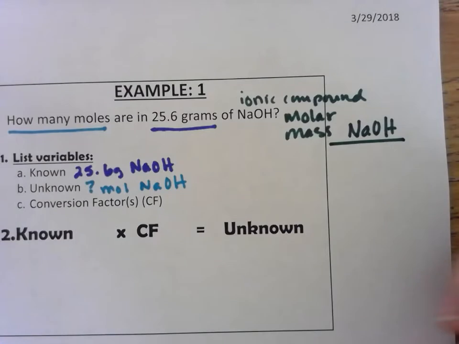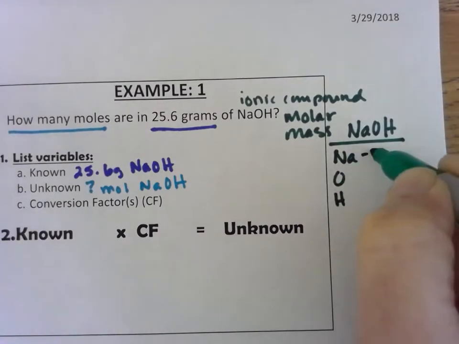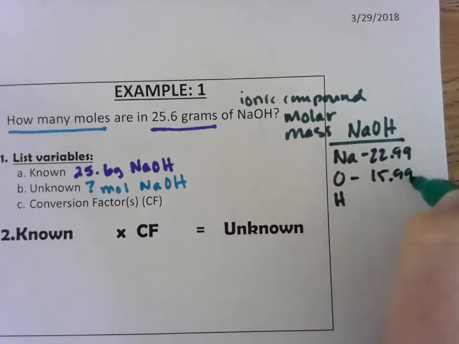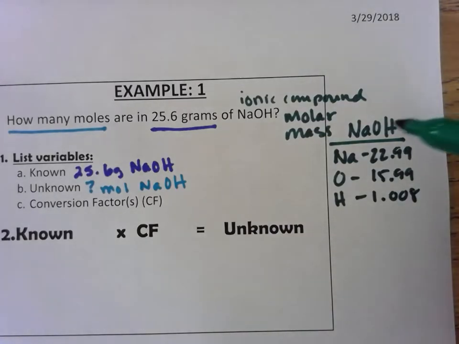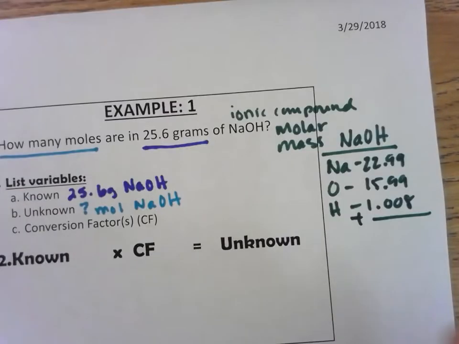I have a sodium, an oxygen, and a hydrogen: 22.99, 15.99, and 1.008. I am dropping the multiply for this particular one because I have one of all of them, so it makes my life a little bit easier.